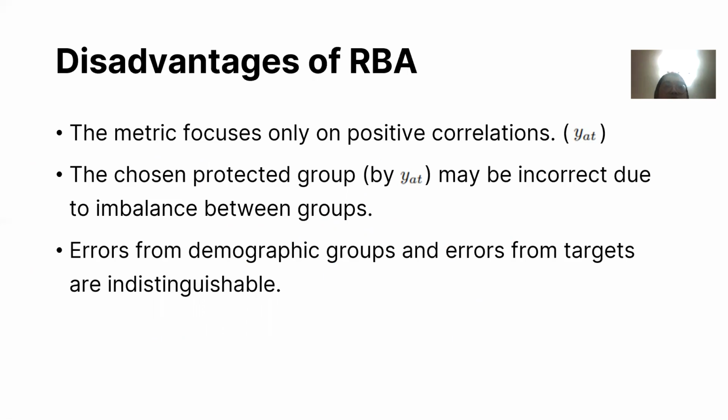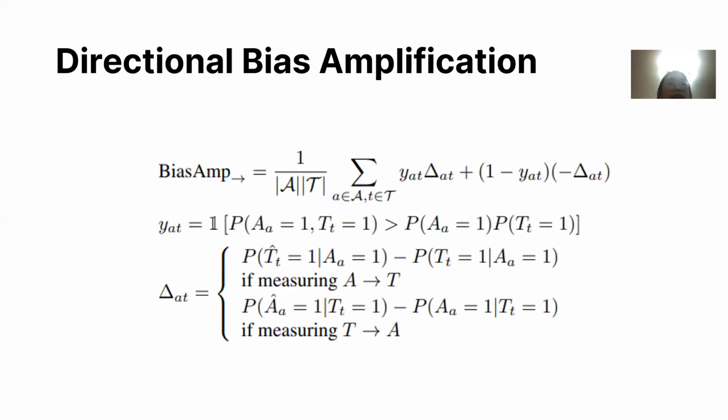And the errors from demographic groups and the errors from targets are indistinguishable. So they proposed a more refined version of the metric. They defined it like this.